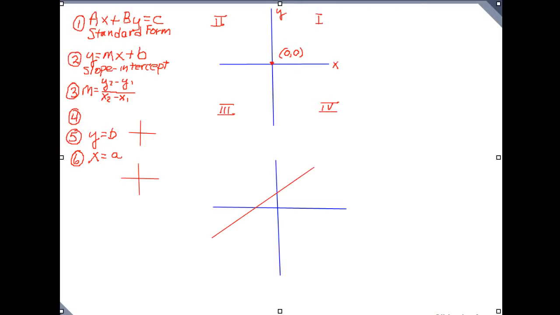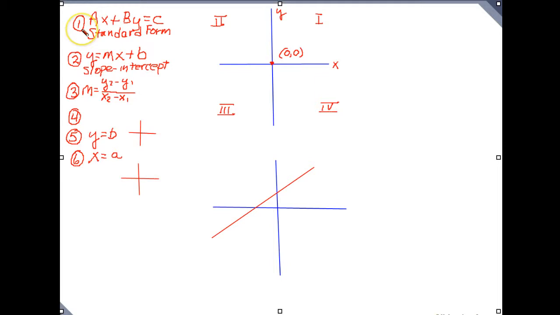Okay, what I have on this particular page is some of the formulas that you will run into in this Chapter 2. I've numbered them so we could use that as a reference later.